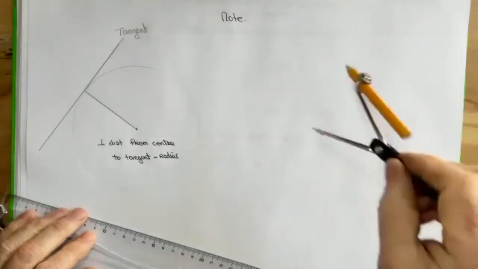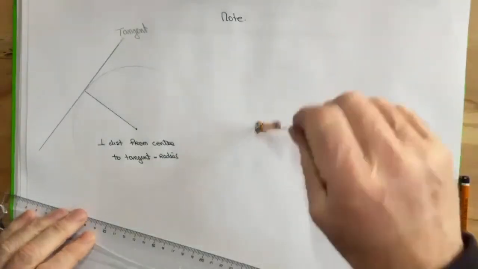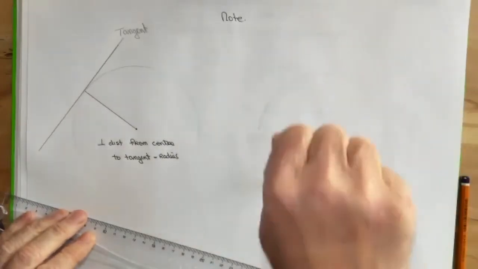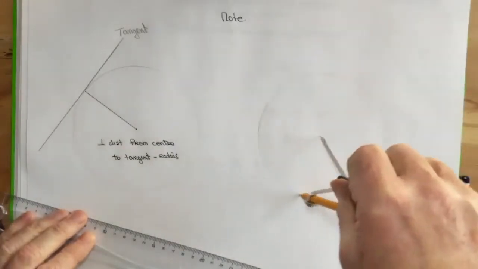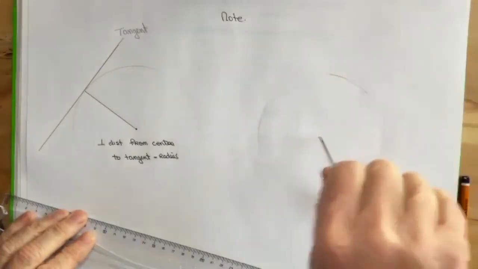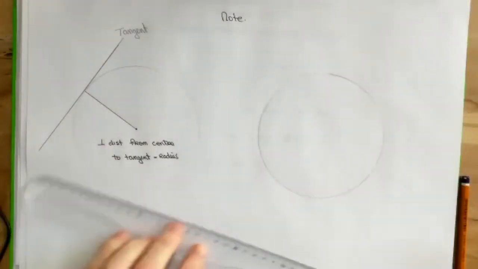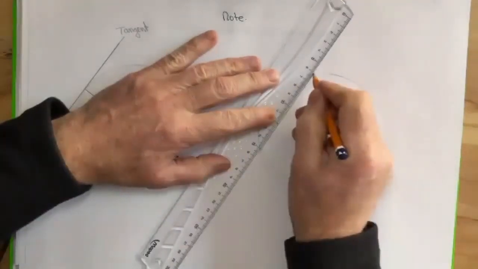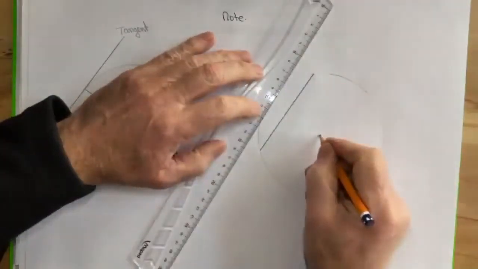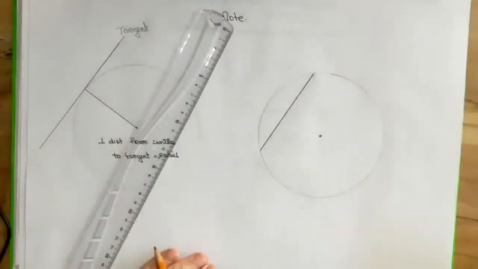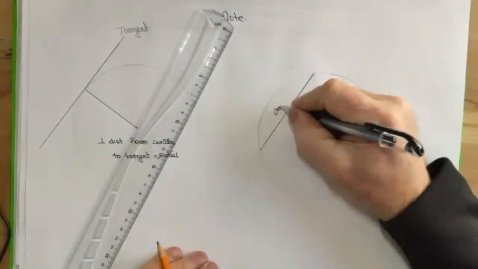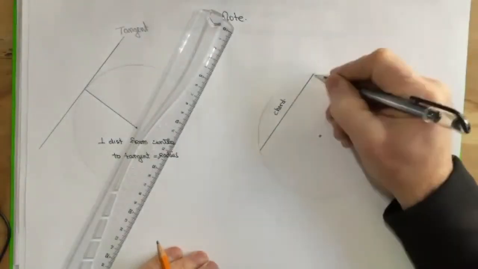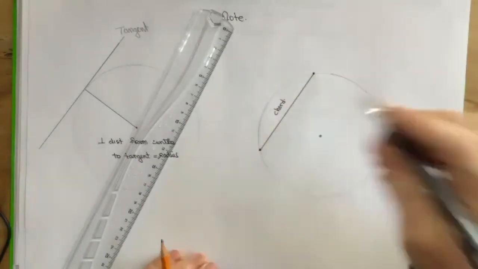And the second piece of information that we haven't dealt with and can be used a lot now, if your teacher gets time to do all this, this would come up a lot. If I give you a chord of a circle, and that's the center, and this is a chord, it's the portion of the secant that's inside the circle.